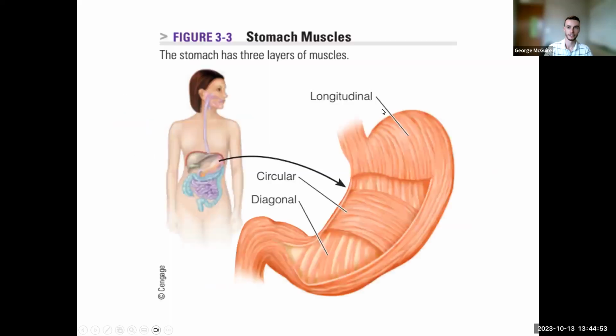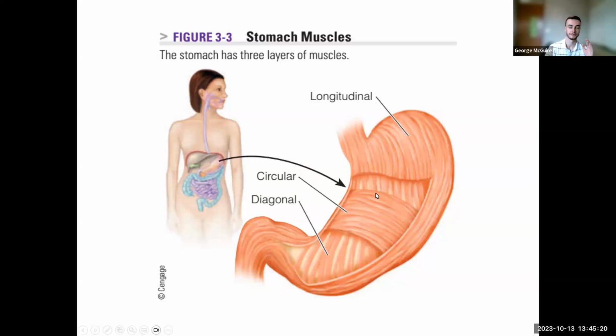So once we get to the stomach, how does digestion work here? Our stomach is composed of three different directional layers of smooth muscle. And smooth muscle is any muscle that you don't have cognitive control of. You can't tell your stomach to flex, right? You have abdominal muscles, which you can control, but your actual stomach muscles, these that you see in the diagram here, we cannot control ourselves.